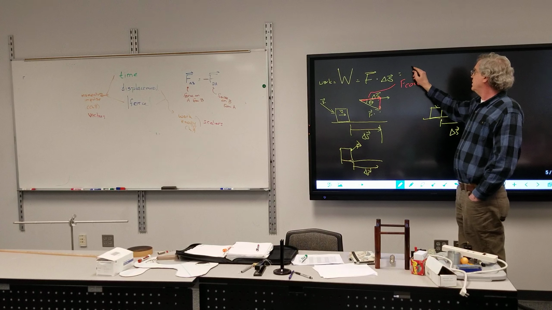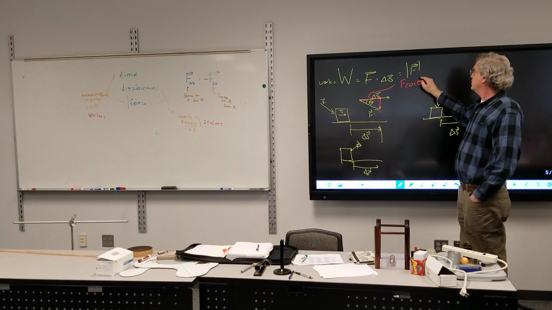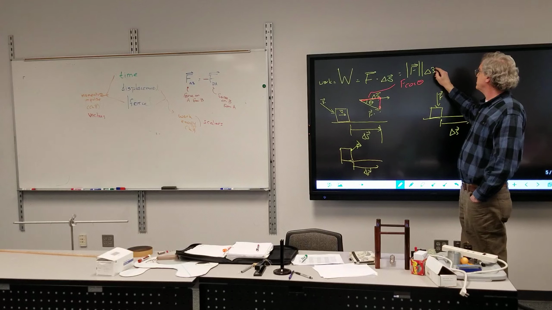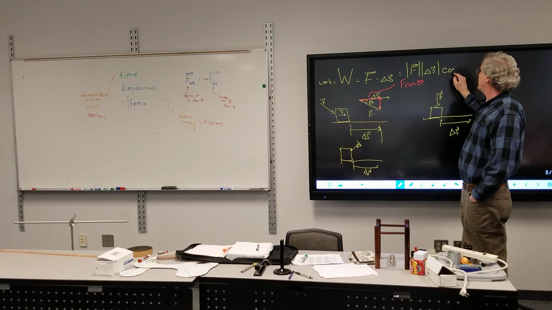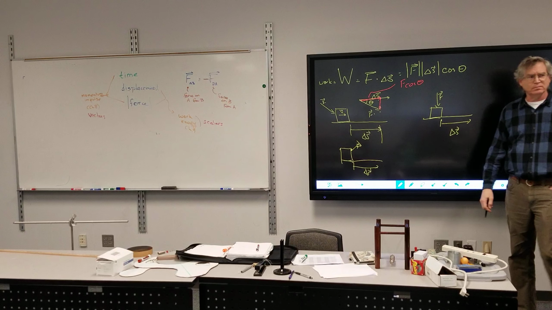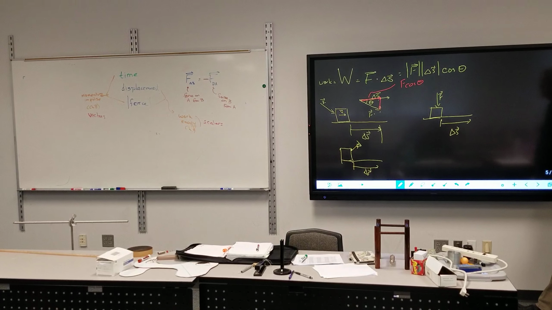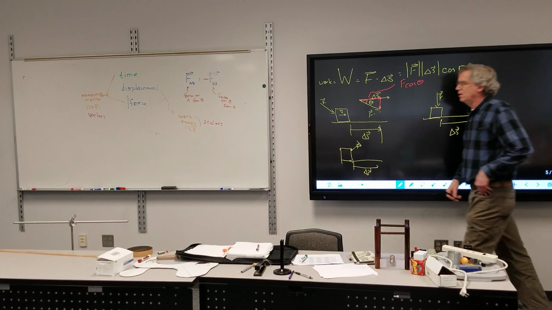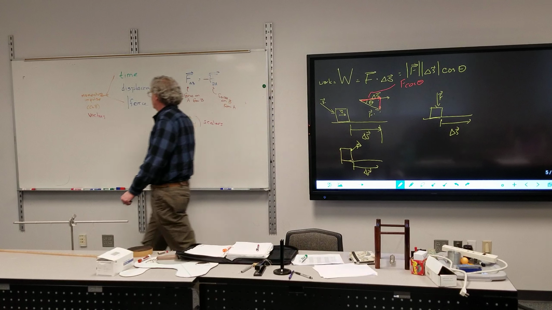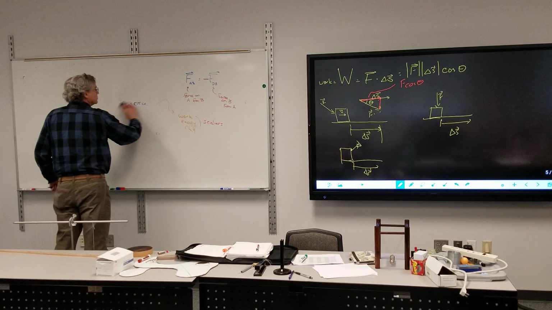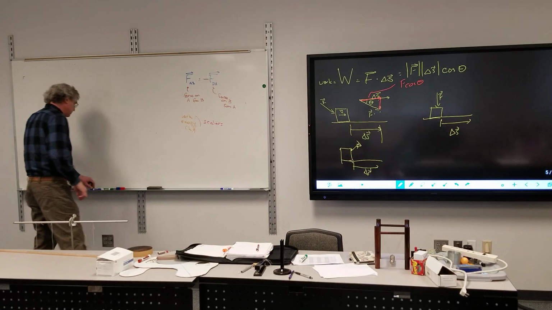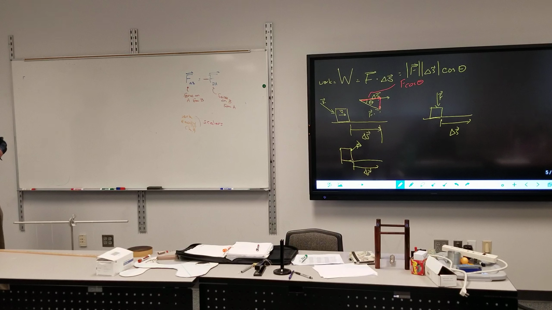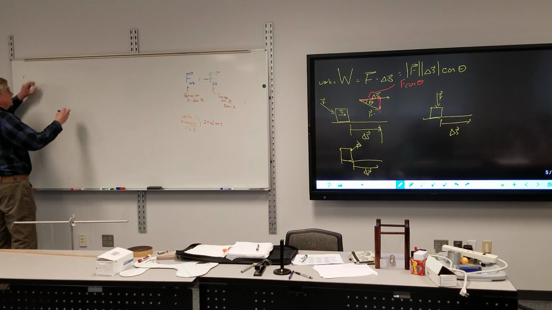So this is the same as the magnitude of the force times the magnitude of the displacement times the cosine of the angle between them. So that's really convenient if you're given force and displacement in polar form.